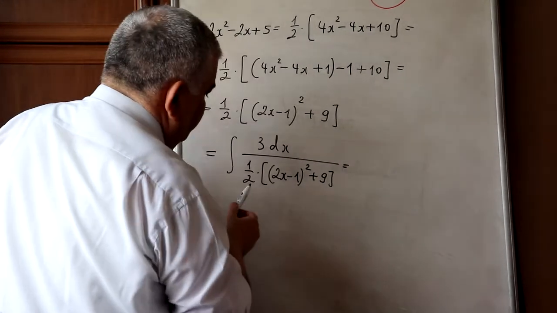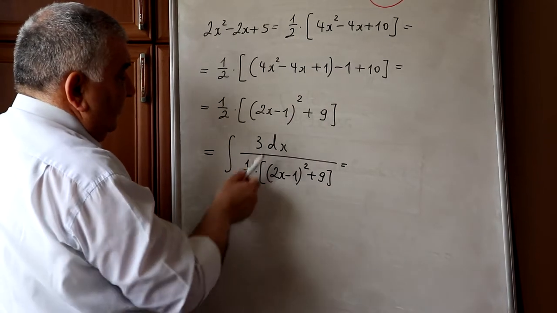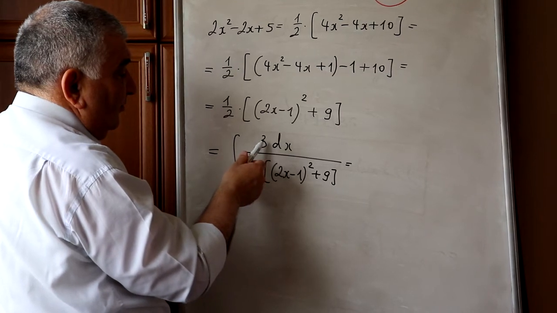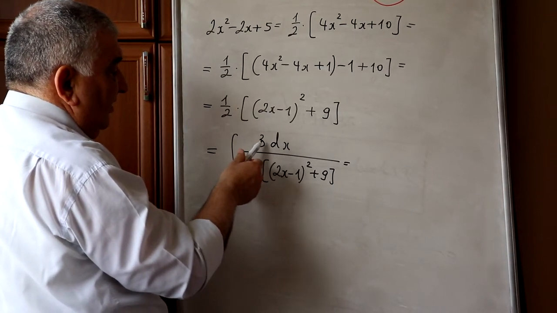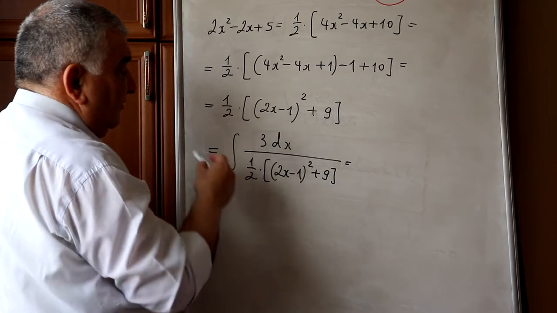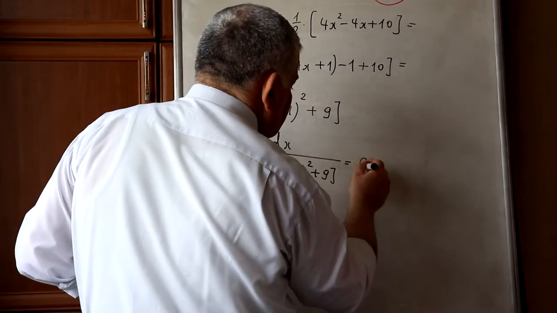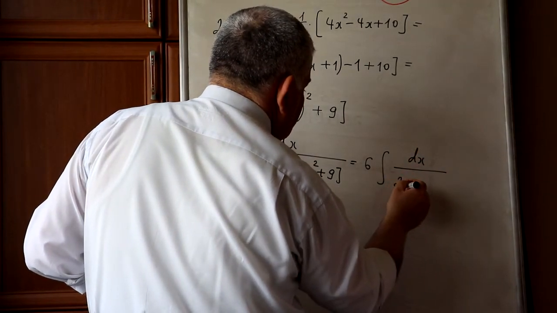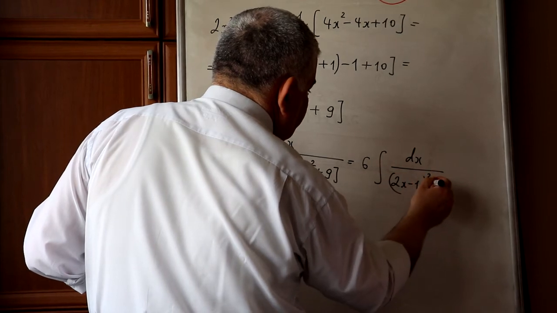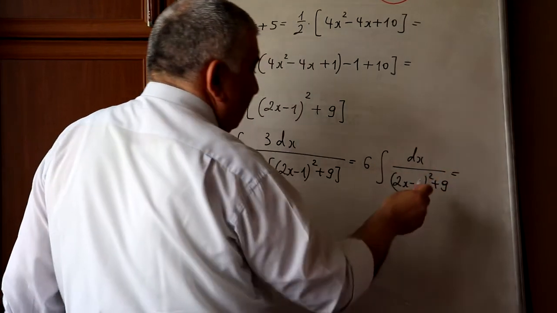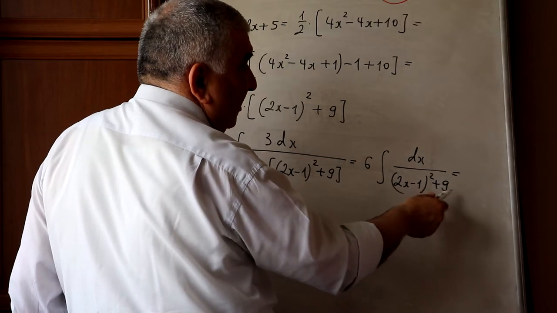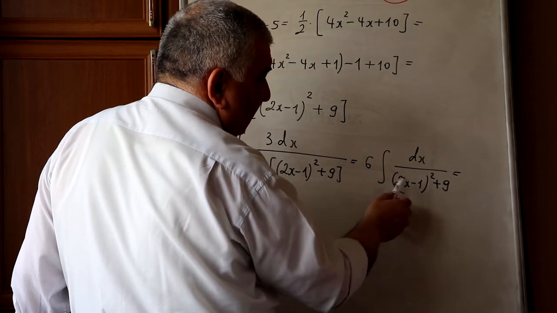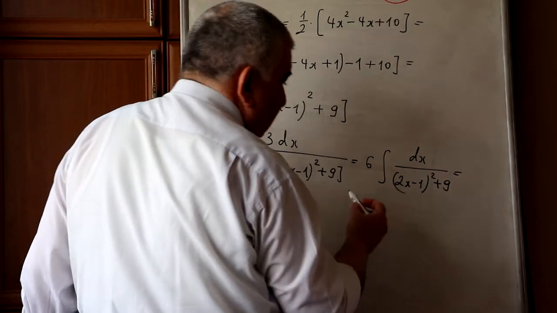Then 2 is transferred to the numerator, and then we will have 6 here, and then take 6 out of the integral symbol. 6 multiplied by dx over 2x minus 1 squared plus 9. Then we must change 9 by unit. For this take 9 out of the brackets in the denominator.